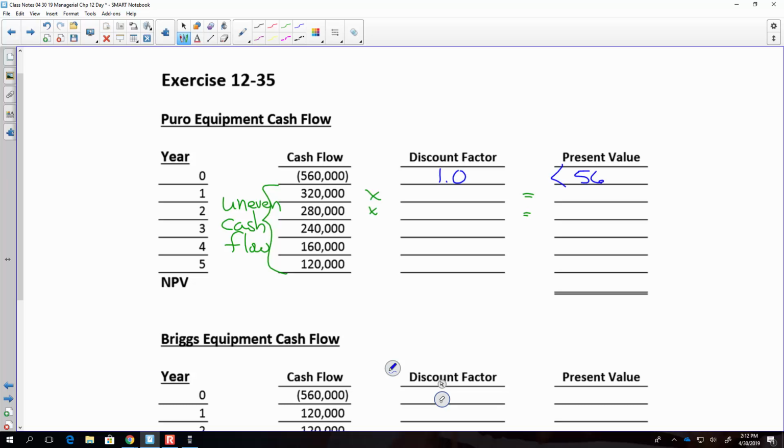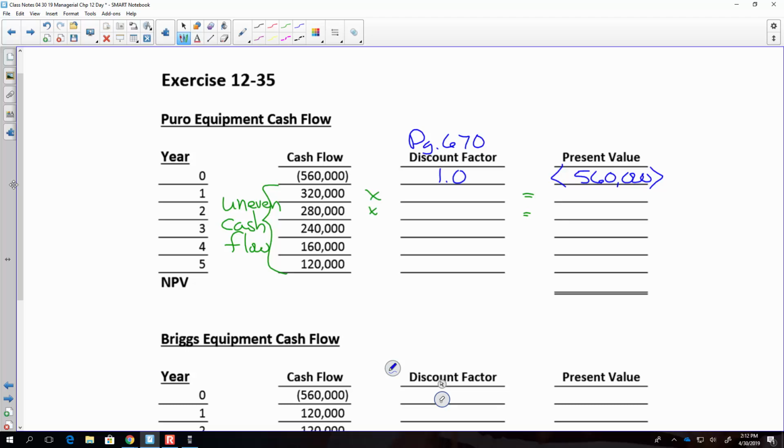I'm simply spending $560,000 on that piece of equipment. Since we have uneven cash flows, we can only use one table, and that's the present value of a single amount on page 670. So now my table changes from an annuity to one that's per year.